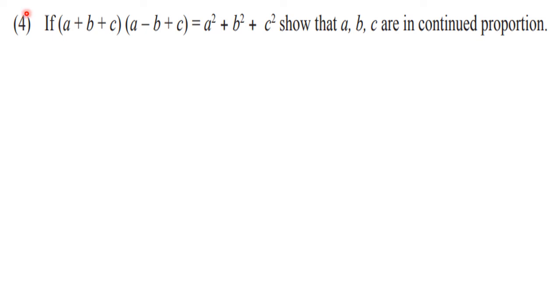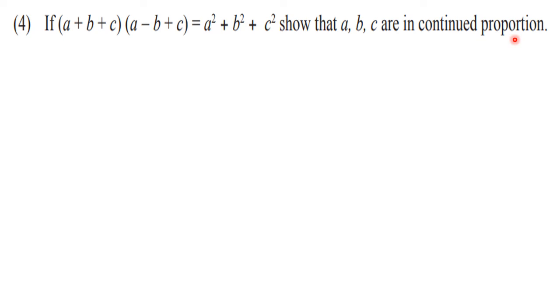See here, we have to prove here that they are in continued proportion. Means we have to prove that b square is equal to ac. If we prove b square is equal to ac, then the statement means that a, b, c are in continued proportion.